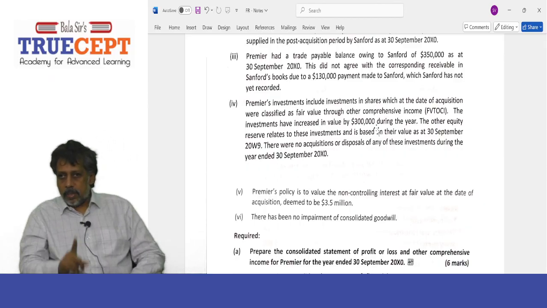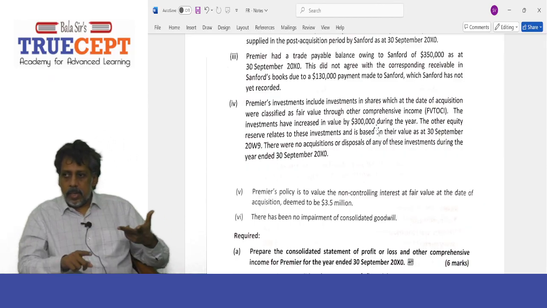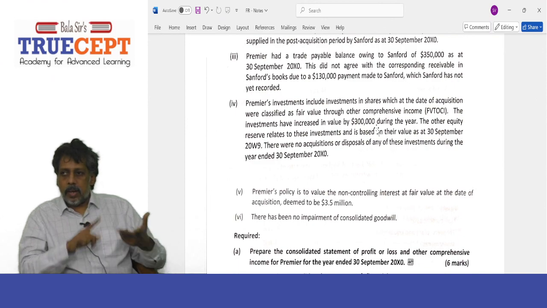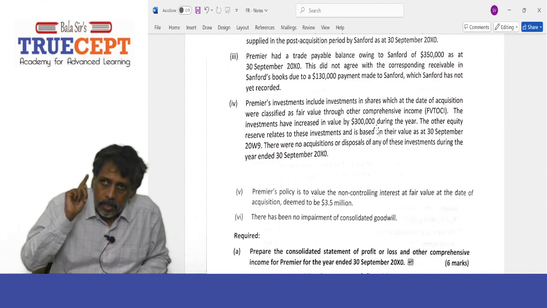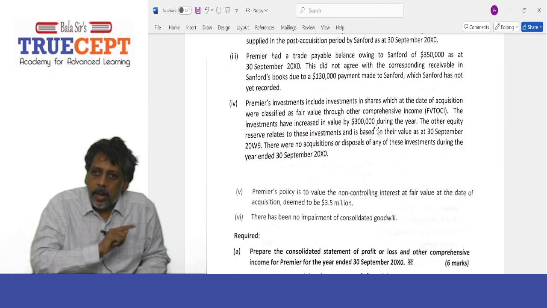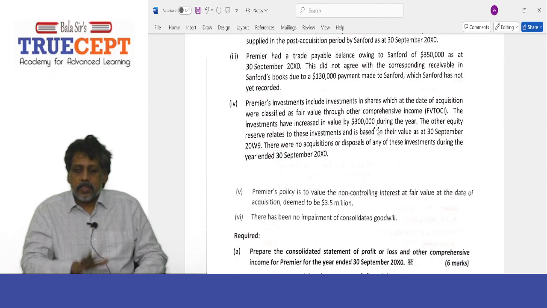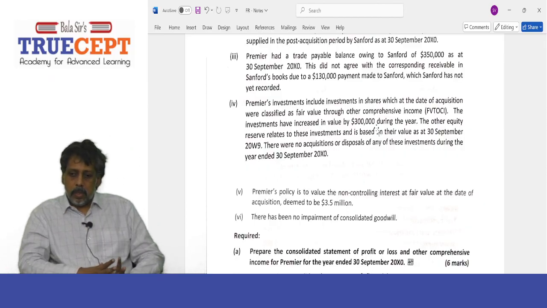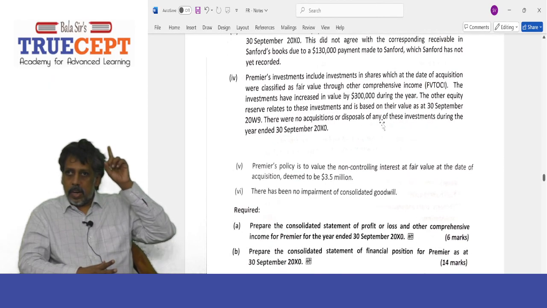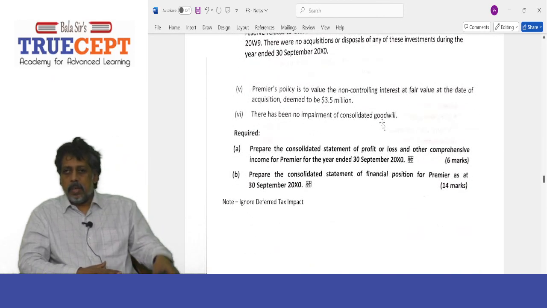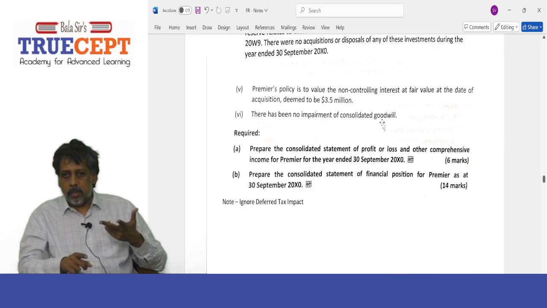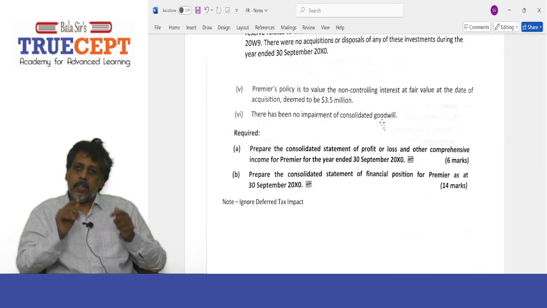You all know the entry for that: debit investment and credit other comprehensive income, fair value reserve. Is that clear? Next. There was no acquisition or disposal of any of these investments during the year ended 30th September 20X0. That is why I was able to compare straight away 1,000 and the increase of $300, in thousands.